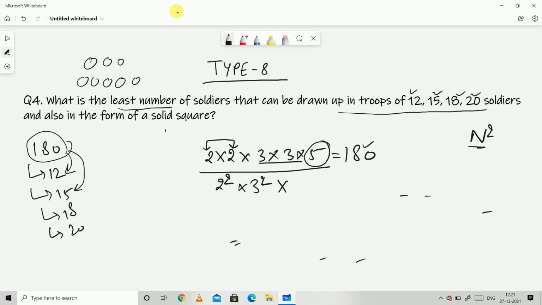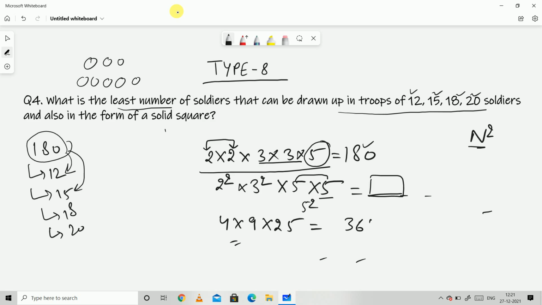So if I make 5 occur 2 times, that is, I multiply with 1 more 5, then it will become 5 square. Now everything is a square, so what I will get in the resultant will also be a square. I will get 4 into 9, and this is now 5 into 5, which is 25.